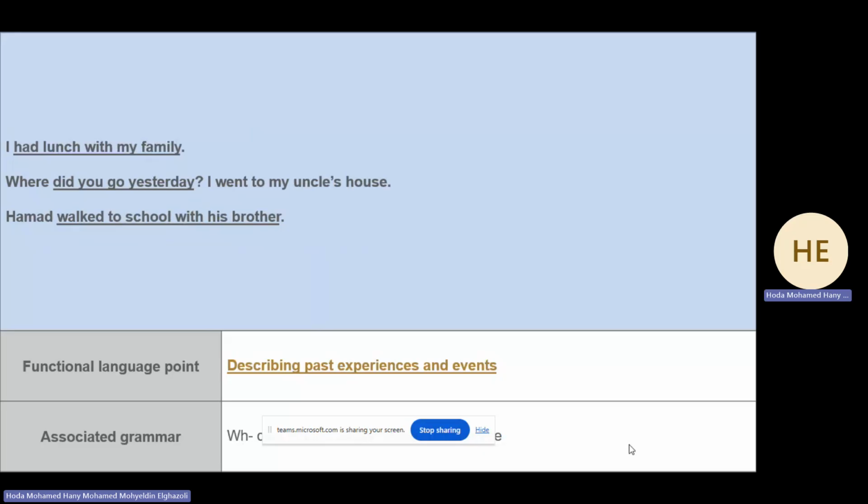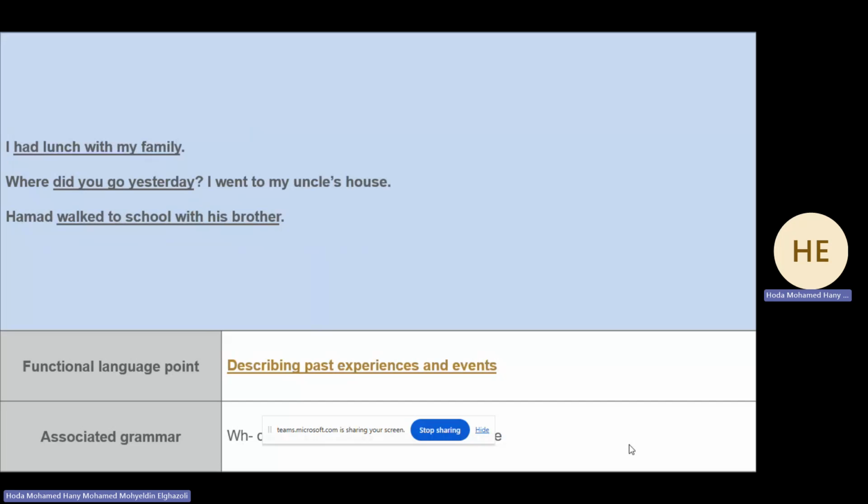When we are describing past experiences, we use the past simple. Here we can use regular verbs as we discussed, adding ed, like walked, watched. Or we can use irregular verbs by changing the entire form, like go, went, come, came, have, had. Look at the examples.